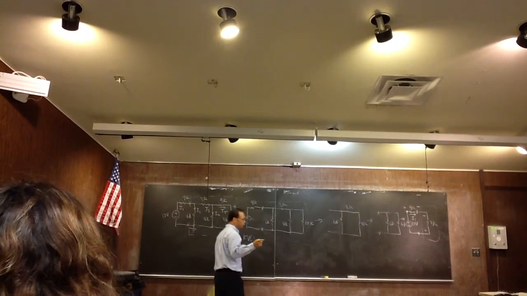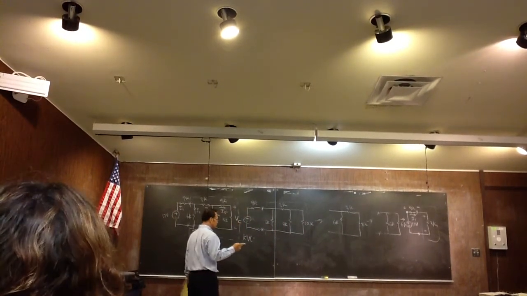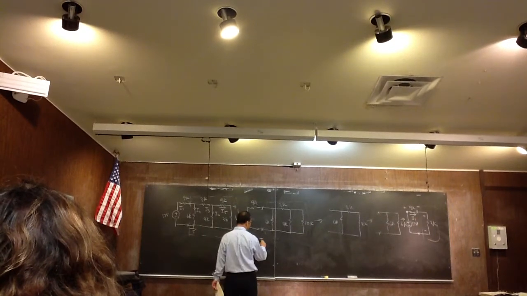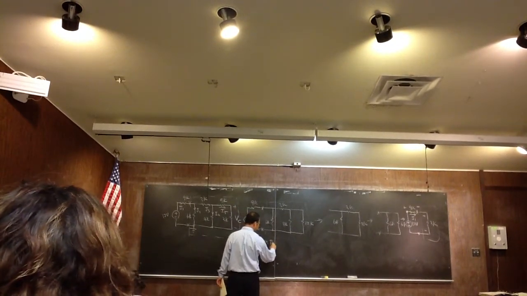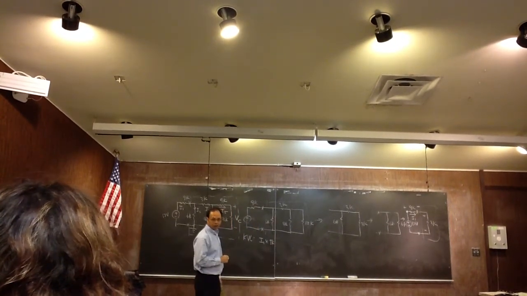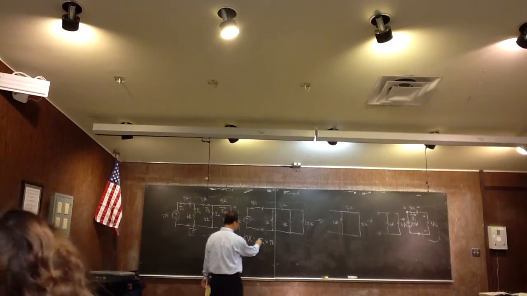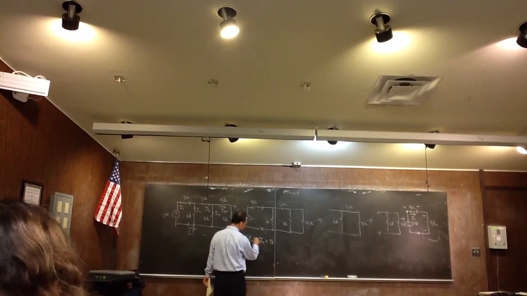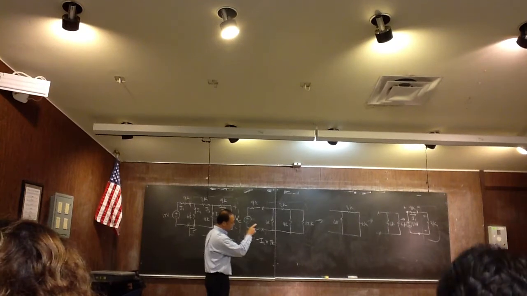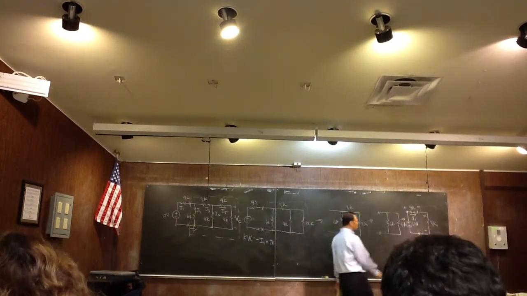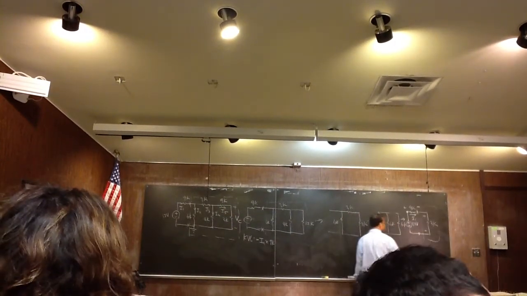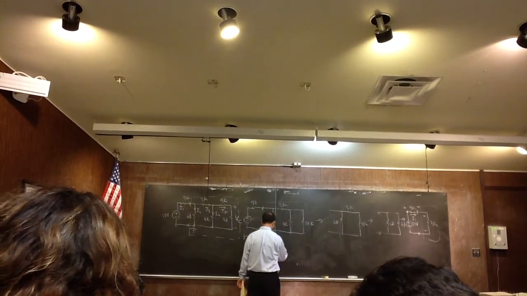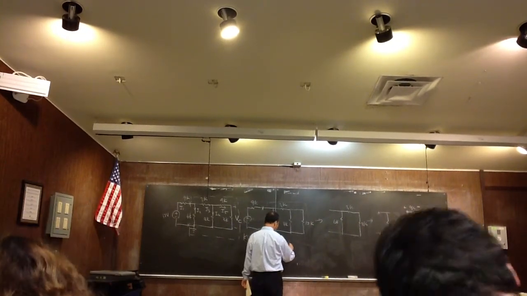And what is that voltage? It's I1 times 9K, correct? According to Ohm's law. Minus, because it's a voltage drop, yes? And then you see a second voltage drop on the 3K. So minus I1 times 3K.